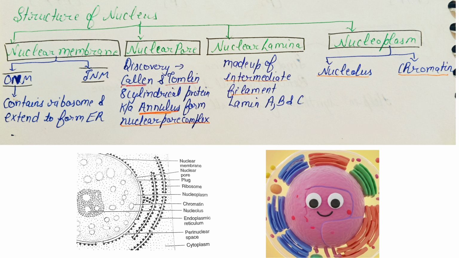It is made up of intermediate filaments lamin A, B, and C. The function performed by this lamina is to attach the chromosome to the nuclear envelope, and it also helps in the growth of the envelope. Then we have the nucleoplasm, known as the nuclear sap. This nucleoplasm consists of the nucleolus and chromatin.